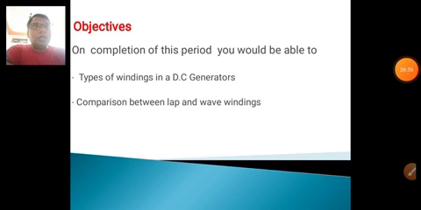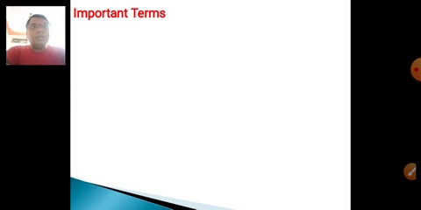Here once again I am repeating the class. What are the different definitions and important terms we use in DC windings, and the comparison between lap and wave windings? The important terms are pole pitch, which we have already studied, conductor, the length of wire, and coil, the complete one set of the winding.